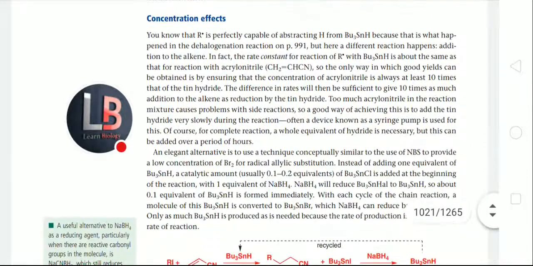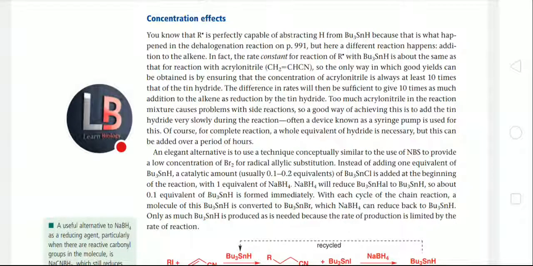Concentration effect. You know that our free radical is perfectly capable of abstracting hydrogen from Bu3SnH because that is what happened in the dehalogenation reaction on page 991. But here a different reaction happened: addition to the alkene.